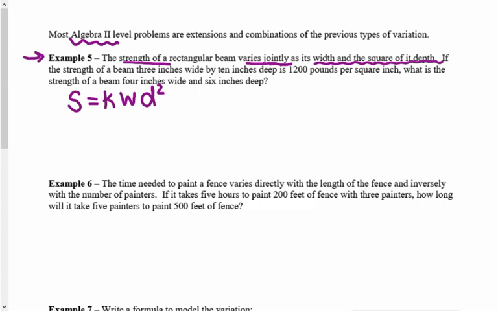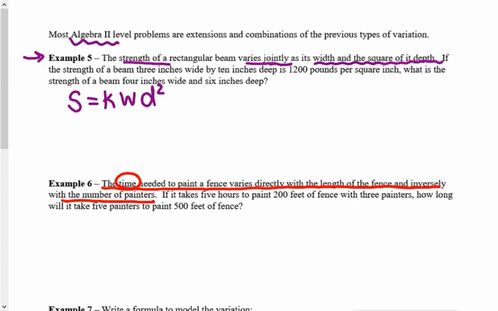Let's go ahead and also look at example 6. It says the time needed to paint a fence varies directly with the length of the fence and inversely with the number of painters. So this is a combination of both direct and inverse variation. Let's write the original equation.